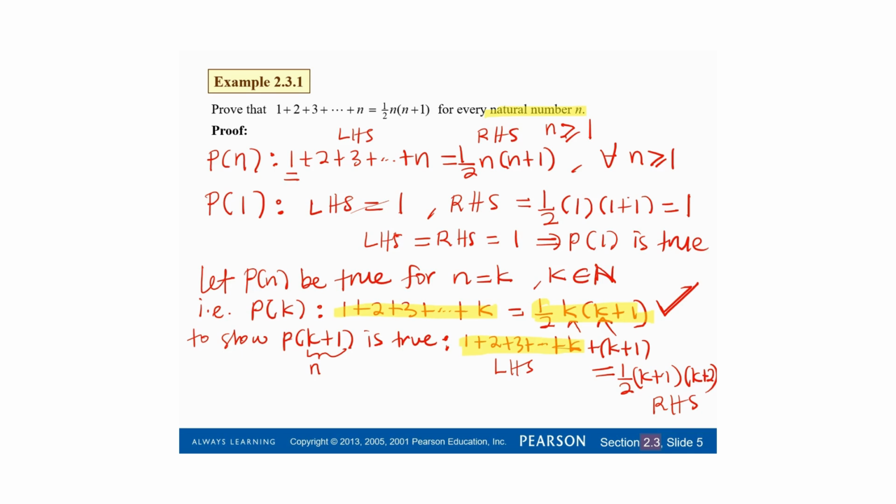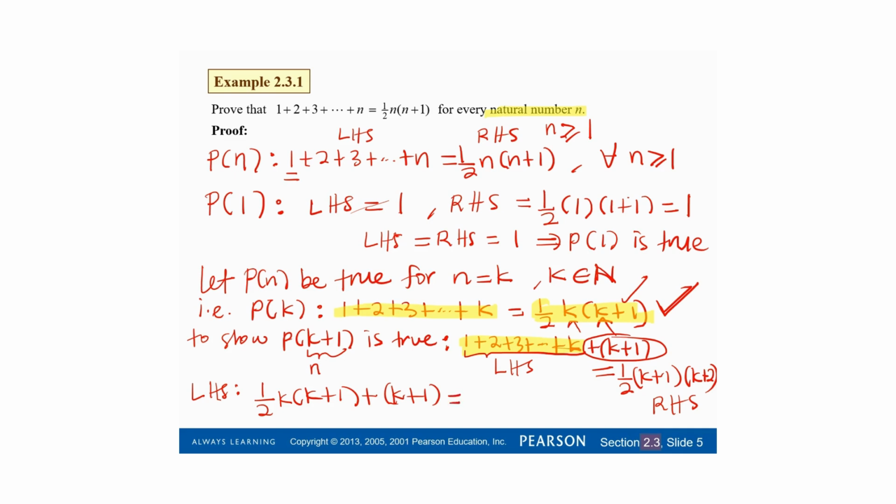So the left hand side will be: this term we replace by this formula, so that you have half k times k plus 1, and we have this term, so plus k plus 1. You need to show that this equals the right hand side.